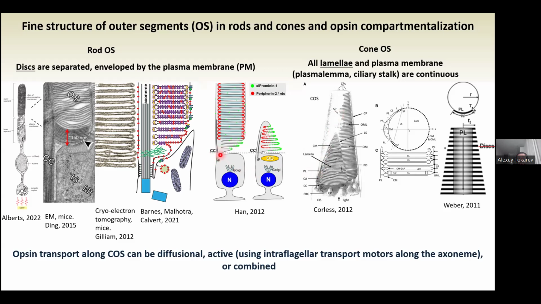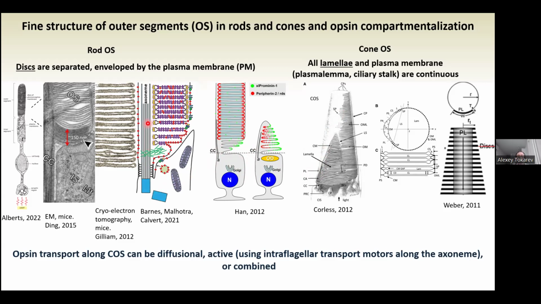cilium. It is a short neck between inner segment and outer segment. It is in both cones and rods, and here from inner segment to outer segment through the connecting cilium we have an axoneme. Axoneme is constructed from microtubules.